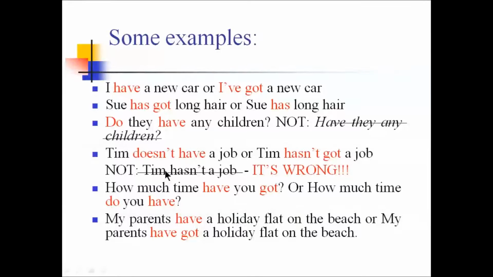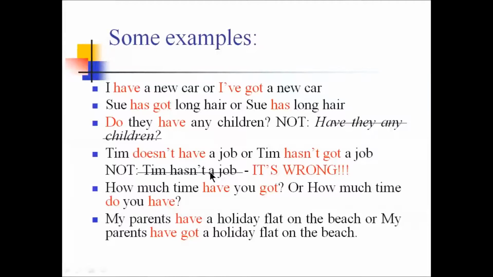Okay, you say Tim doesn't have a job, or Tim hasn't got a job. But you cannot say Tim hasn't a job. In the previous English language, in the past, they used this in British English, but nowadays you won't use this in formal language.